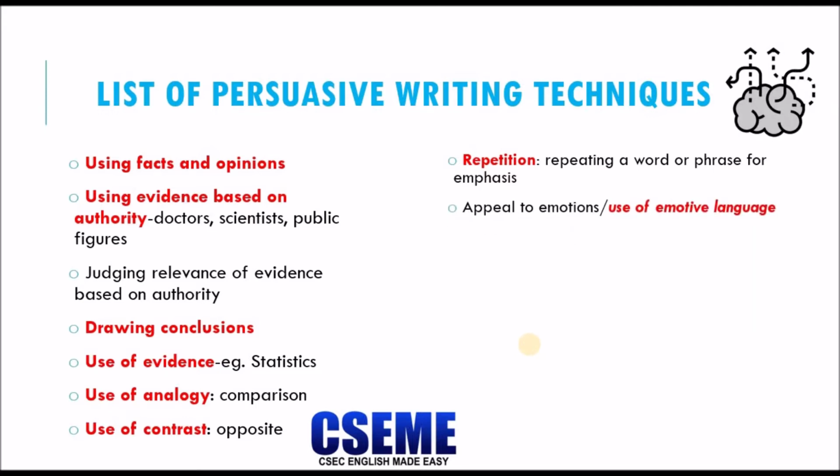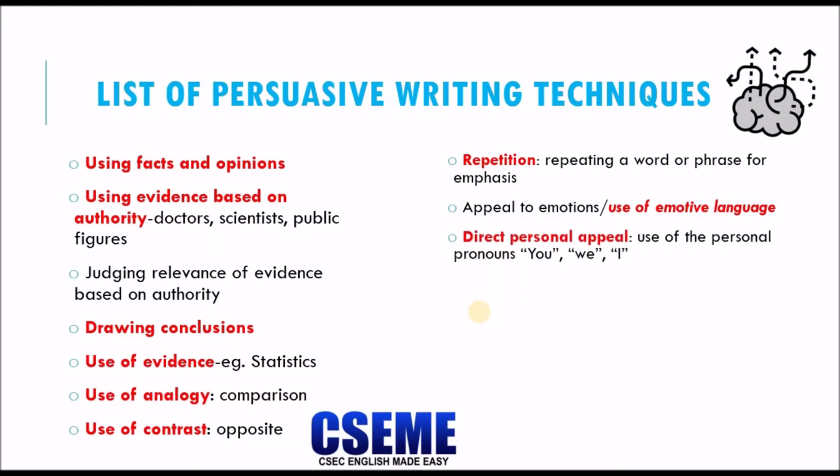Use of emotive language. This is another one that is very powerful. When you use language that appeals to people's emotions, that is one way of convincing your audience. Another way is direct personal appeal, so it seems like you are speaking directly to the person that you are presenting your argument to.